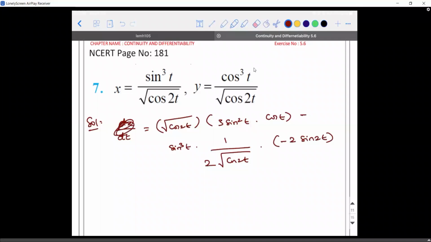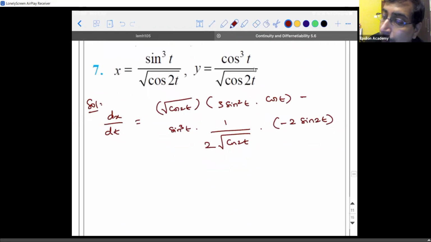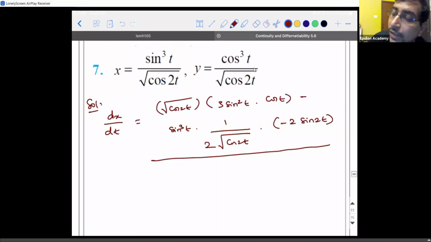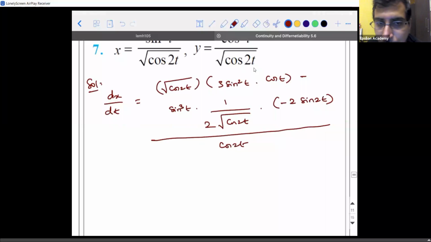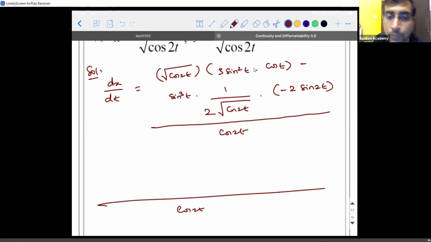Plus 2. Clear, right? So this is what dx divided by dt is. This whole thing divided by square root of cos 2t the whole square, that is nothing but cos 2t. Okay, so what are we going to get? Leave the denominator as it is, cos 2t. In the numerator, if I take the LCM, what will the LCM be, guys? The 2 and 2 here will get cancelled in the first place.